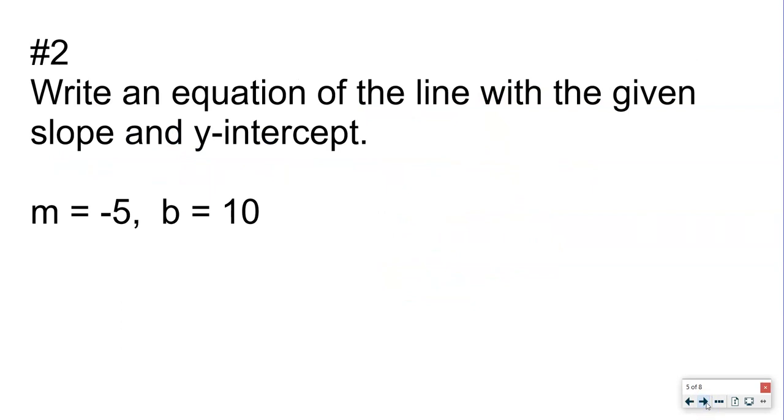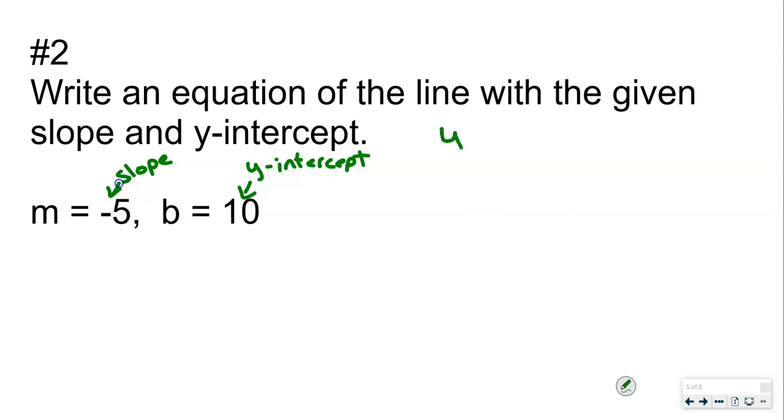Next, we need to write an equation of the line with the given slope and y-intercept. So our slope is negative 5, and 10 is our y-intercept. So we need to write an equation of the line with that slope and intercept.